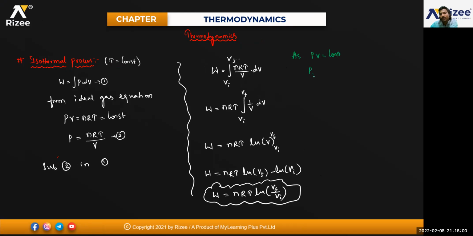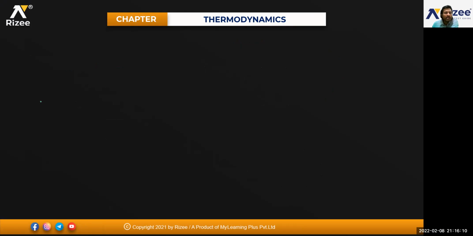So I can write P1V1 is equal to P2V2, Boyle's law. So V2 by V1 will be equal to P1 by P2. So work done can also be written as W equal to nRT ln of P initial divided by P final.